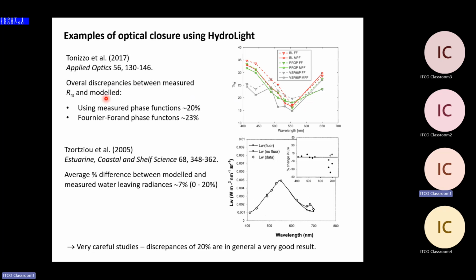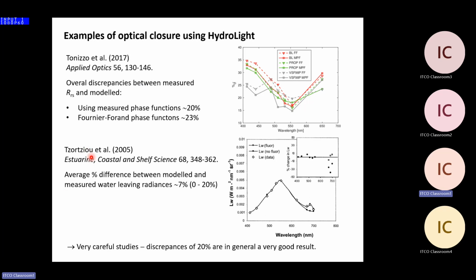In fact, in this one they even measured phase functions, but they compared them to the built-in Fournier-Forand phase functions. And they were getting errors within 20 to 23% between the measured spectral Rrs and the modeled spectral Rrs. So a 20% error, that's basically not bad.